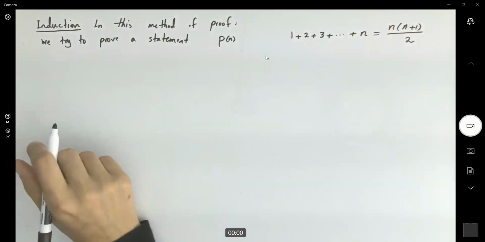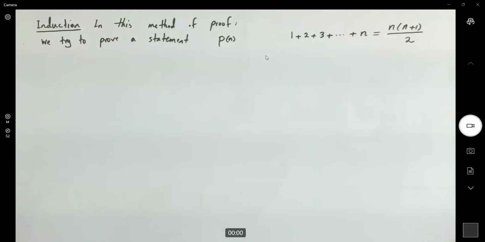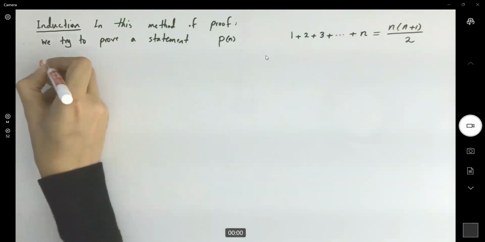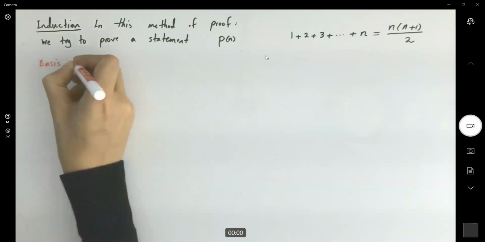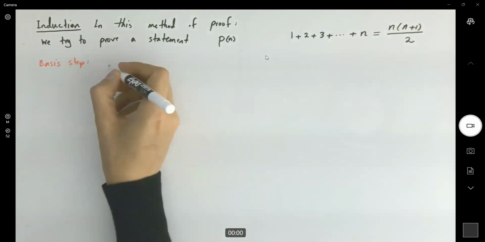The very first step is called the basis step. So know the name of these steps. Basis step. In this step, you're going to take the very first element in the domain.